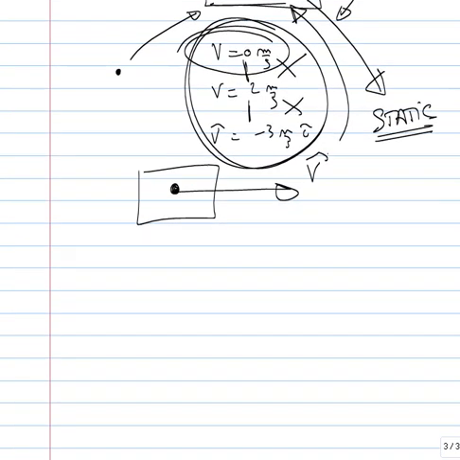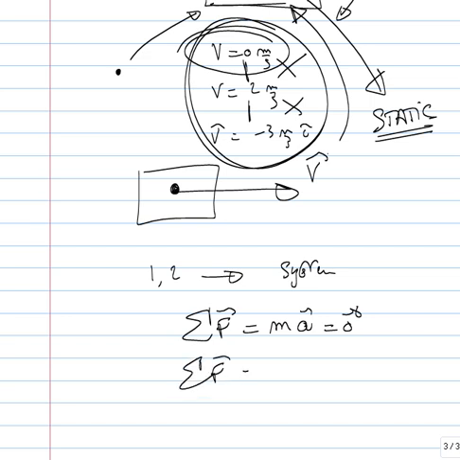Okay, third law. Third law is a little bit different from the first two, and it usually applies when we're dealing with composite system. The major difference between the first and second law and the third law is that the first and second law is applied to a particular system. Remember that the first law is this times A, which is 0, and the second law is this, where A is not 0.